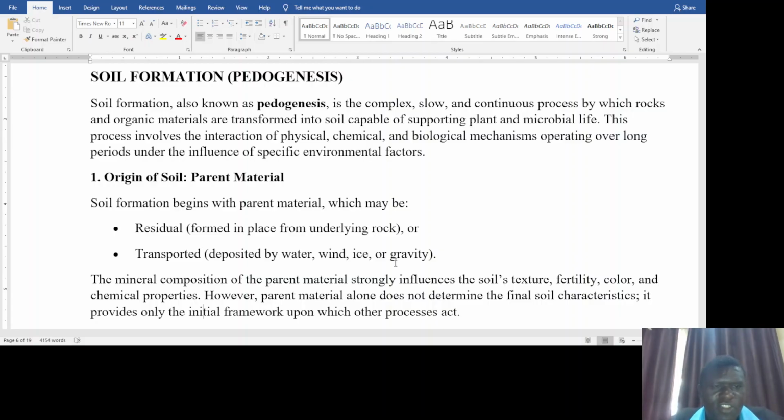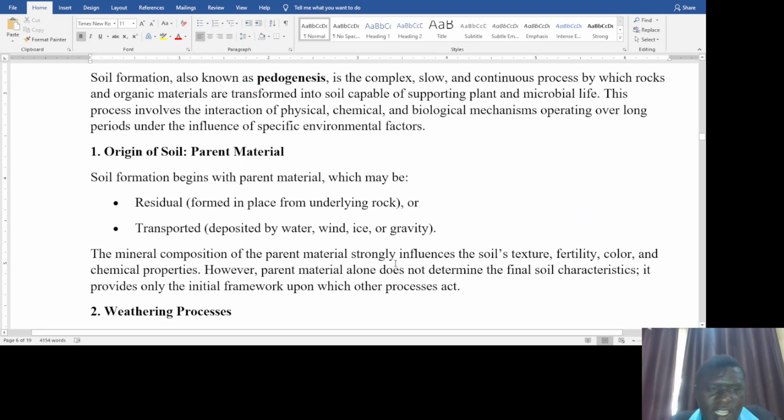Now, such parent rock determines the mineral composition of the soil, and again it greatly influences the soil texture, fertility, the color, and chemical properties. And these are characteristics of soil which we are going to discuss in greater detail much later.